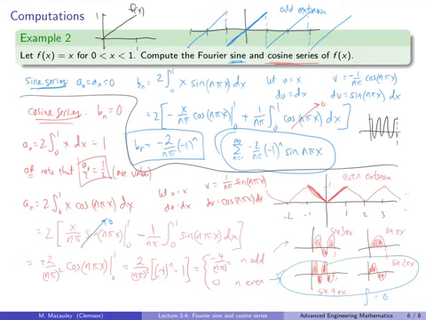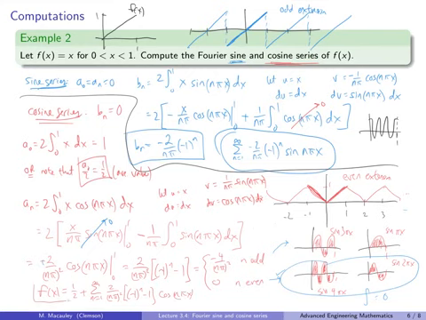Okay, so that means that our Fourier cosine series is f of x equals a naught over 2, which is the average value, which is 1/2, plus the sum from n equals 1 to infinity of 2 over n pi quantity squared times negative 1 to the n minus 1 times cosine of n pi x.